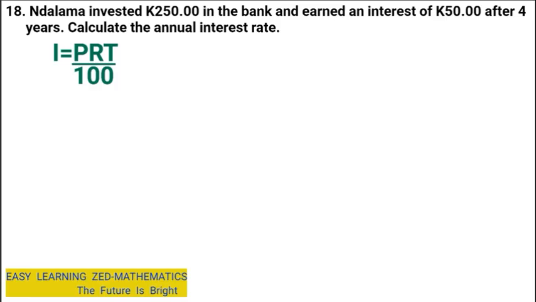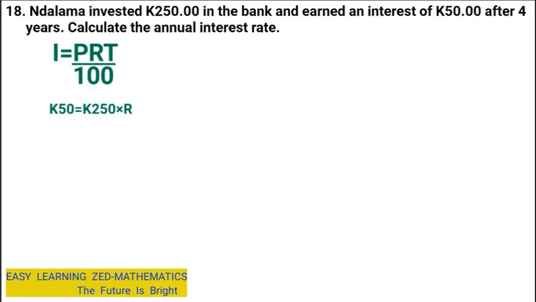So I'm going to put 50 kwacha there, which is equal to, is the principal given? Yes. The money Ndalama put in the bank, which is 250, that is the principal. Then multiplied by the rate. Is the rate given in the statement? No, we are asked to find the interest rate, so times R. The R will remain just like that.